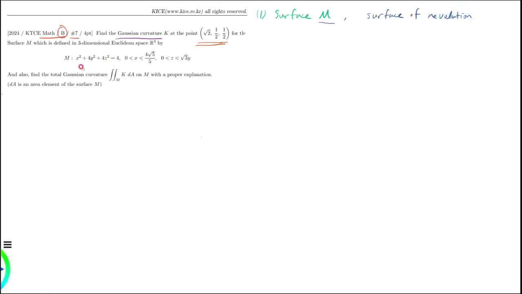That means this surface is obtained by rotating some curve, and then from the equation you will have 4 times y squared plus 4 times z squared equals 4 minus x squared, and y squared plus z squared equals 1 minus x squared over 4. This is an equation of a circle whose radius is the square root of 1 minus x squared over 4.